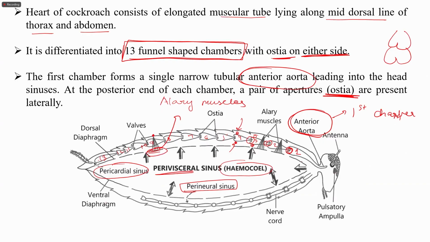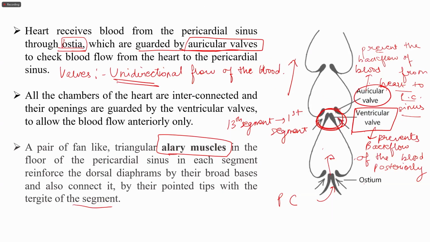The broader side is connected to the diaphragm and the pointed side is connected to the tergites of each segment. These triangular paired structures help the heart to contract.